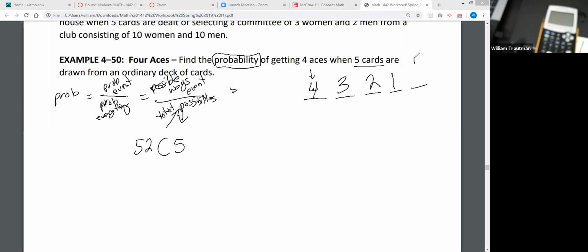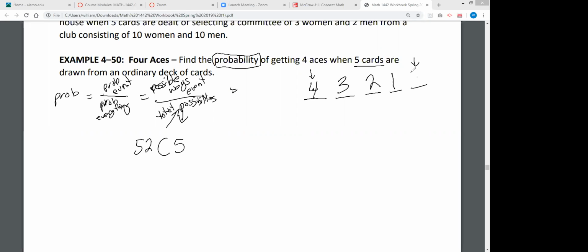My question to you is, what do I put in this last spot? If I have 4 choices to pick for an ace here, 3 choices, 2 choices, 1 choice, how many choices do I have to put in this spot? Anybody know? Wouldn't it be 0?